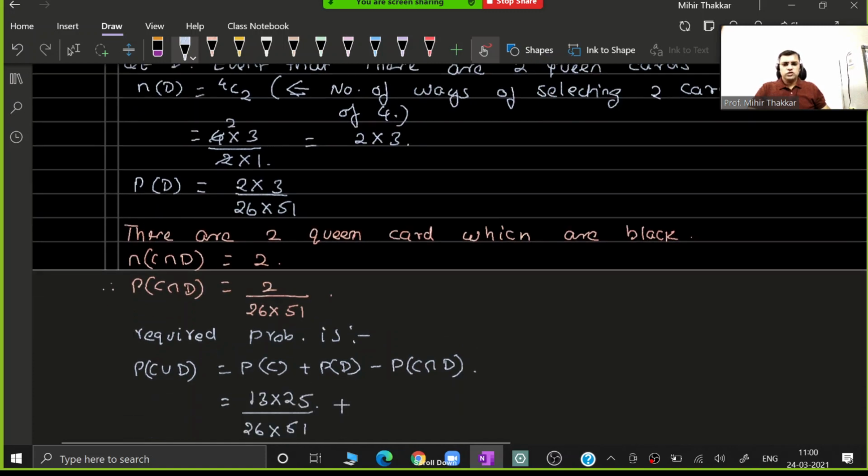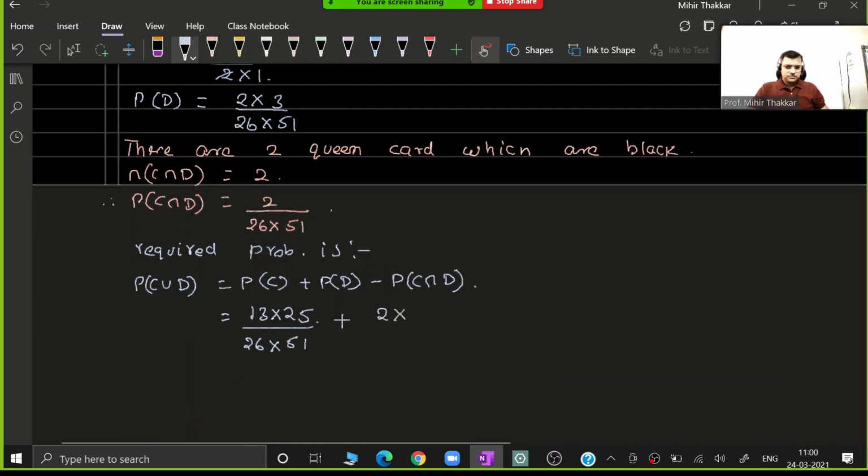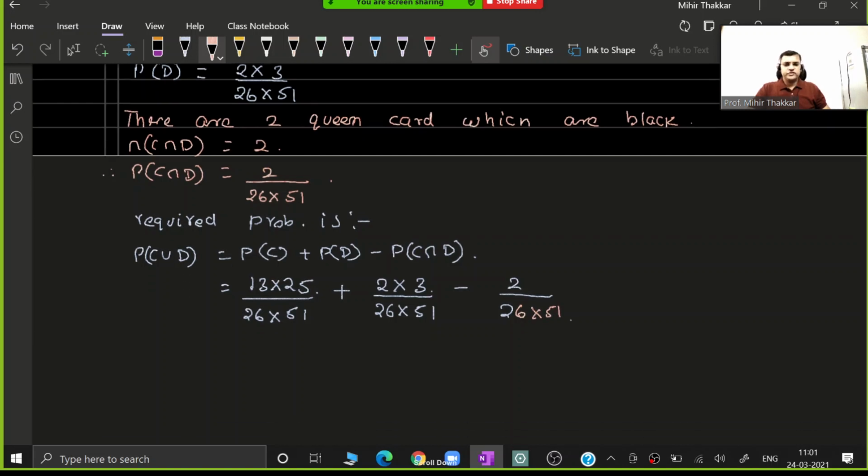Plus D was 2 into 3 divided by 26 into 51, minus 2 upon 26 into 51.